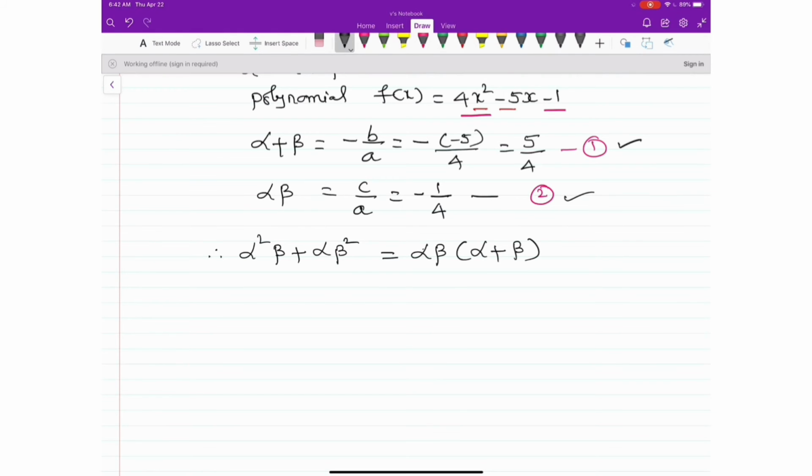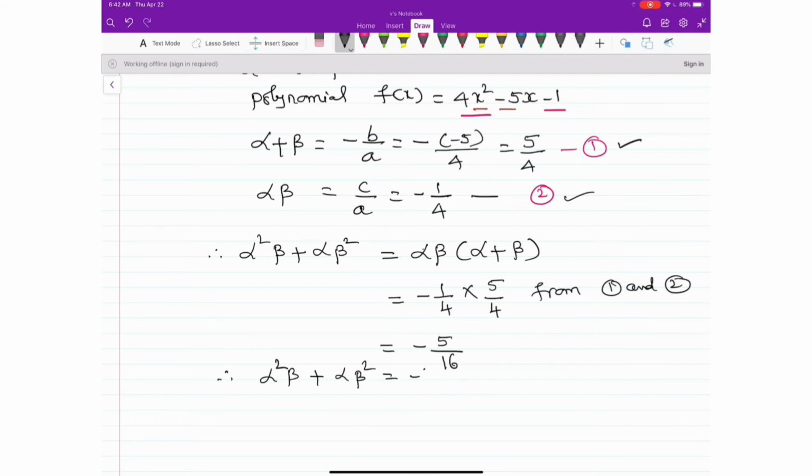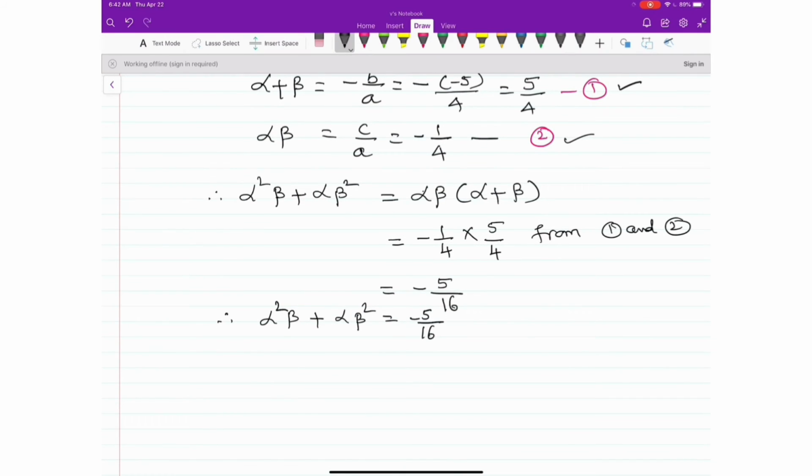Just substitute here: −1/4 × 5/4, from 1 and 2, which is nothing but −5/16. Therefore, alpha² beta + alpha beta² is equal to −5/16. You need to write your answer.